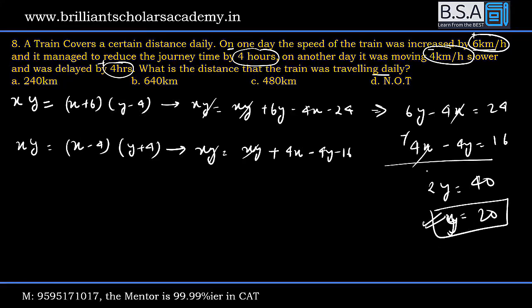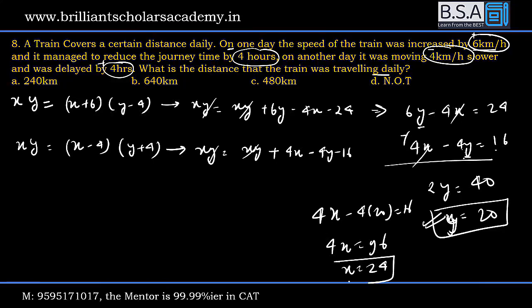And if I put y is equal to 20 anywhere, let us say in this one, if I put here 20, so this becomes 80, this becomes 96. 4x minus 4 into 20 is equal to 16. 4x is equal to 96, x is equal to 24. So I know the speed, I know the time, the total distance is speed into time. So 480 kilometers is the distance.